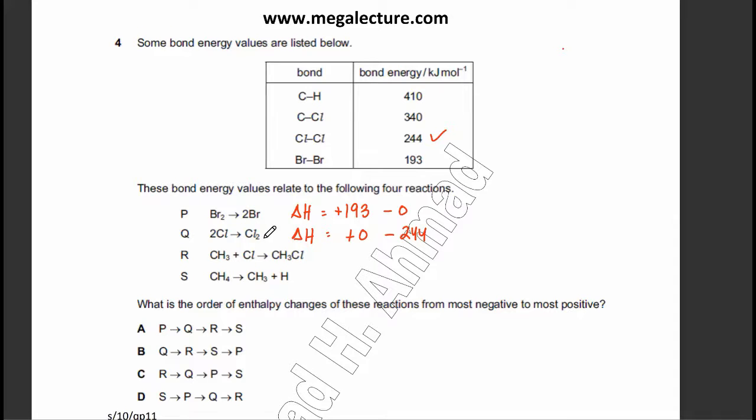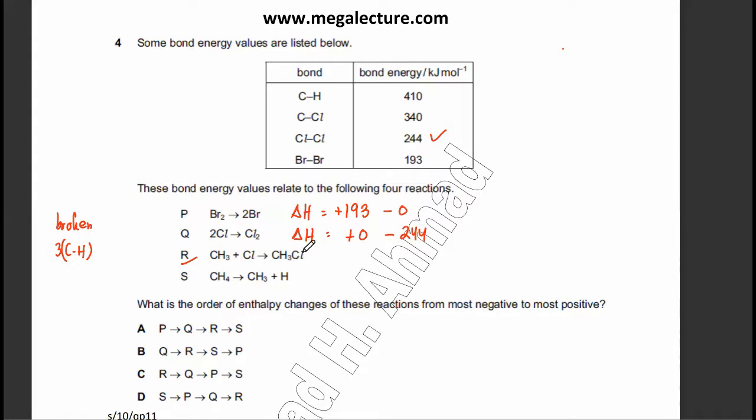Then you've got this reaction. Now, in R, how many bonds are broken? I told you break all the bonds in the reactant. So there are 3 CH bonds that need to be broken. I'm talking about R over here. So you've got these 3 CH bonds that need to be broken.